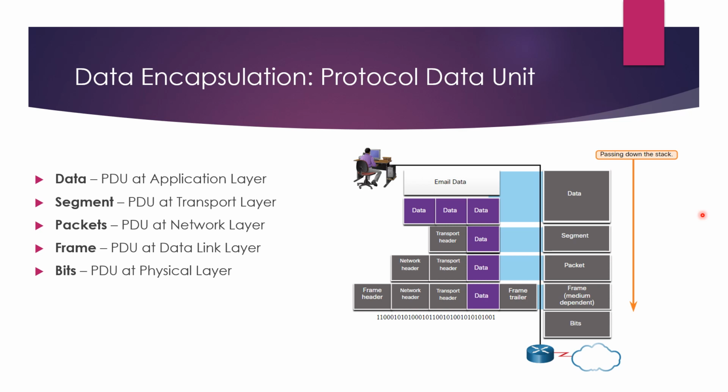As the PDU, called data in this case, goes down to the transport layer, the header of the transport layer is added to the data. The transport header may be the header of the TCP protocol, and in this case the PDU is called a segment.